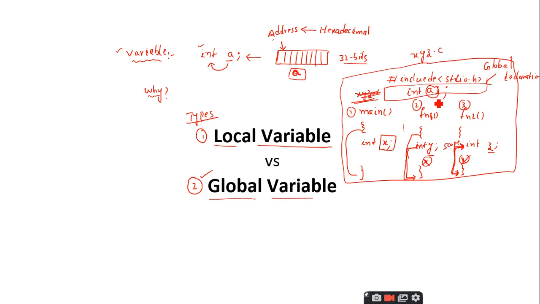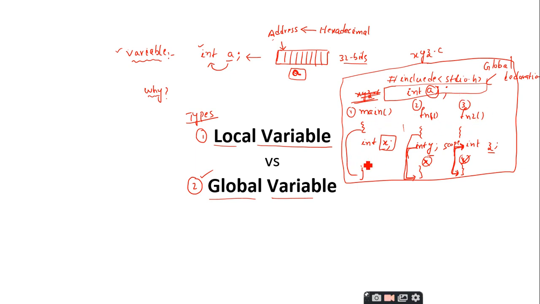Since a is declared outside of all the functions, that is, it is outside of main, outside of function 1, and outside of function 2, this a is called the global variable, and this global variable is accessible by all the functions in the program. Program means xyz.c, function means main, function 1 and function 2.